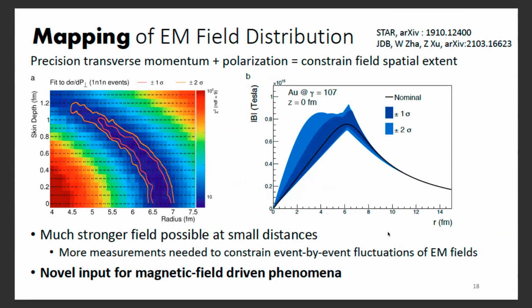If you use the pT distribution from UPC, you will get these distributions, and you can convert into probability distribution functions of the electric field strength. Does this mean the skin depth is most likely 0? It means we don't have constraints on that. Yeah, like what was discussed yesterday.